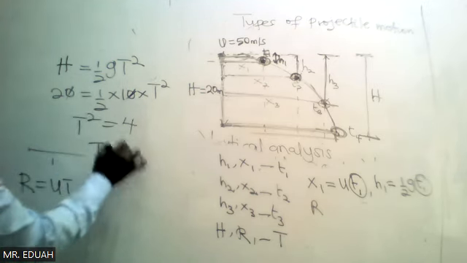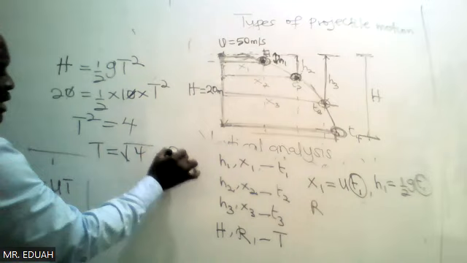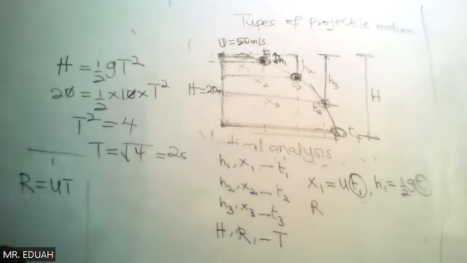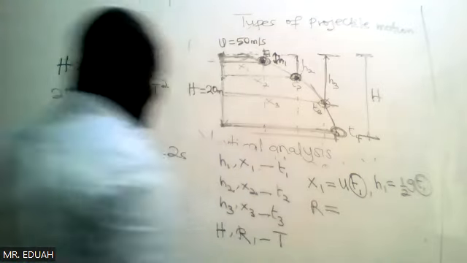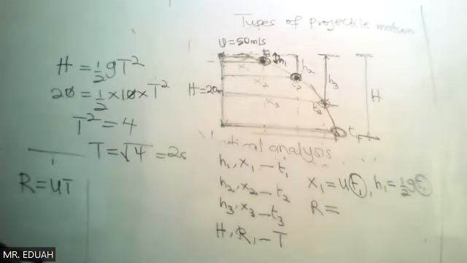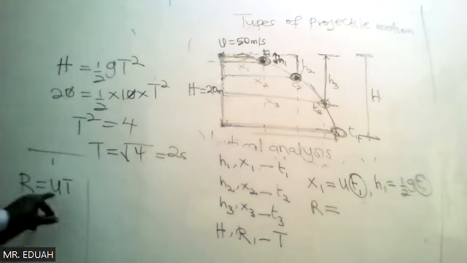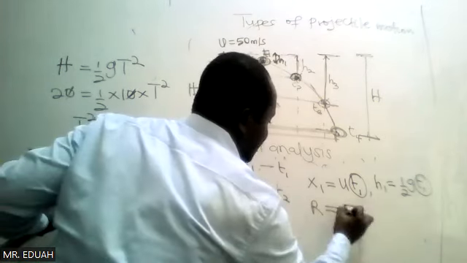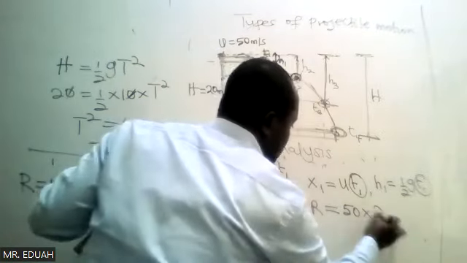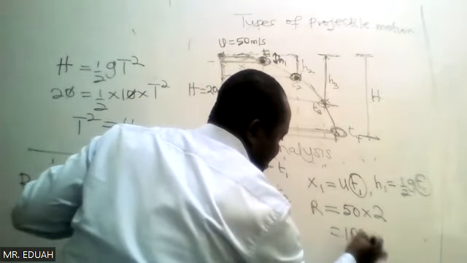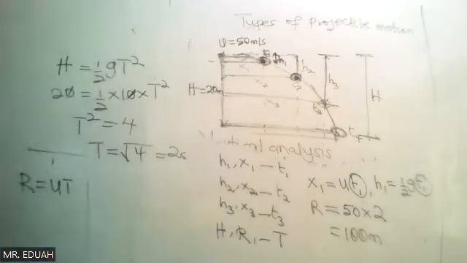Therefore, T is equal to root of 4, which is 2 seconds. Then because U is 50, we have 50 times 2, and this is 100 meters.